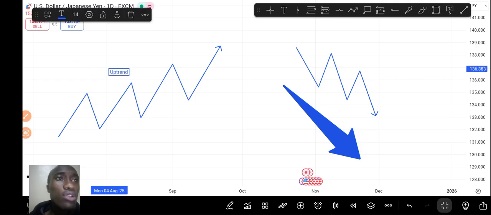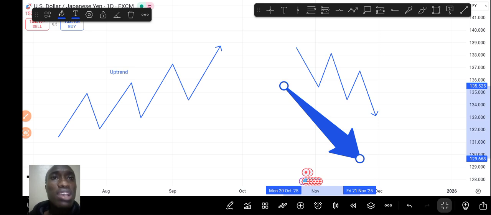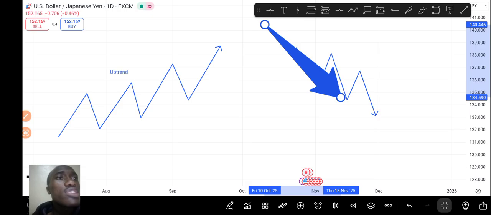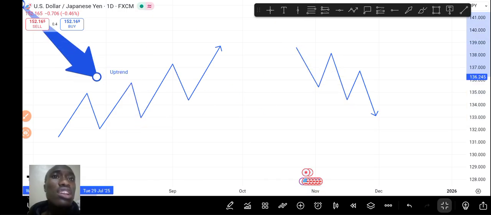It is forming higher highs and higher lows. A downtrend forms lower highs and lower lows. So the first image here is a downtrend, and the other one, this one, is an uptrend.